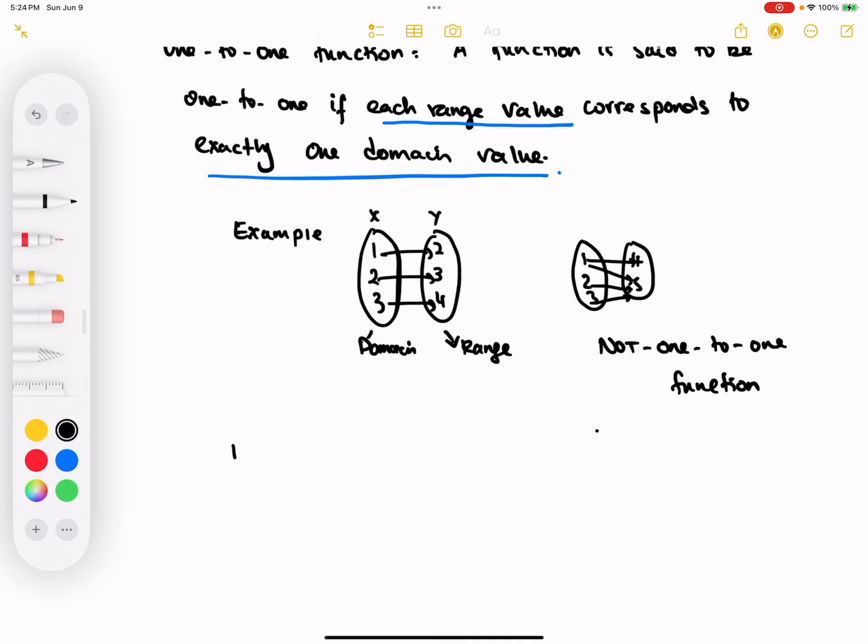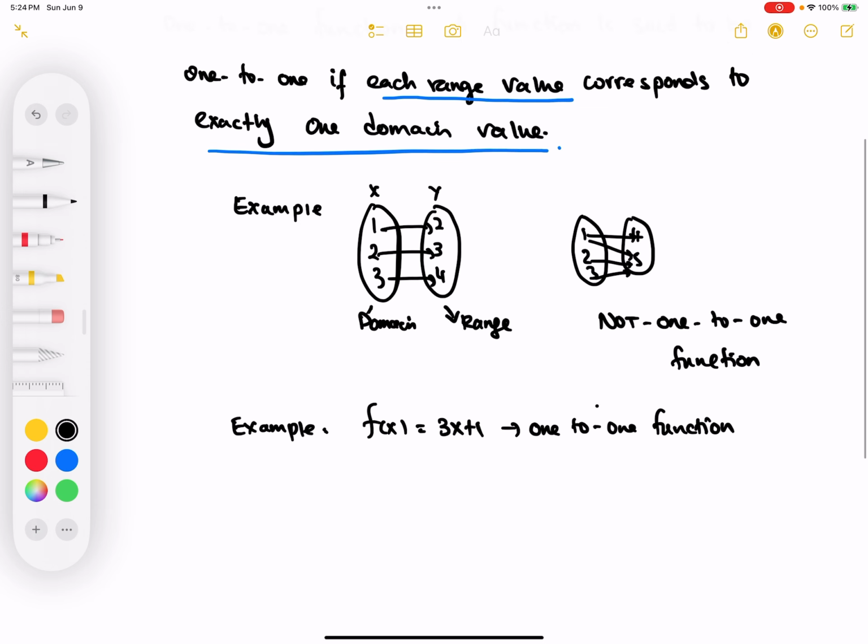In terms of function, for example, if you are given f of x is equal to 3x plus 1, this is a one-to-one function, because every x value has its own y value output. So for example, f of 1 is 3 times 1 plus 1, which is 4.